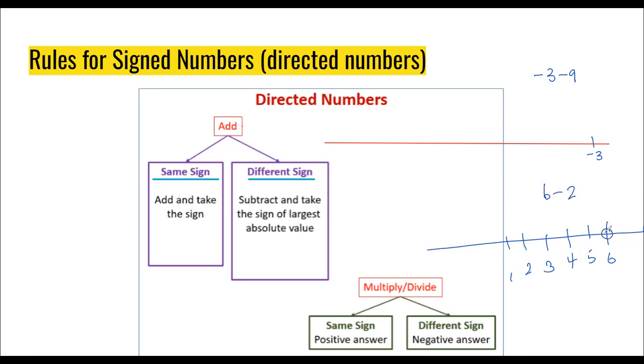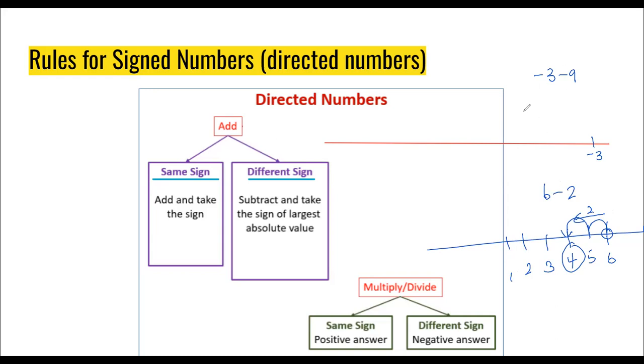Take away, if we're looking at the number line, you jump backwards. If you remember this from primary school, you go backwards. 6 take away 2, you go back 2 spaces, and that gives you your answer. Does everybody agree with that? Yes, sir.